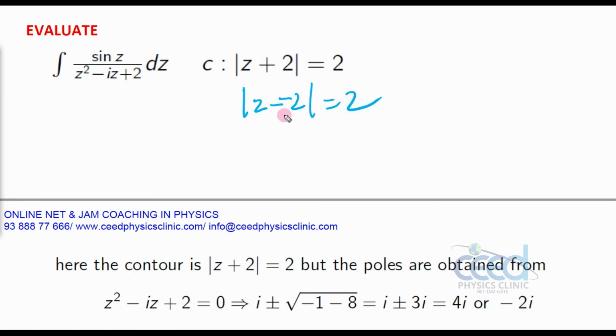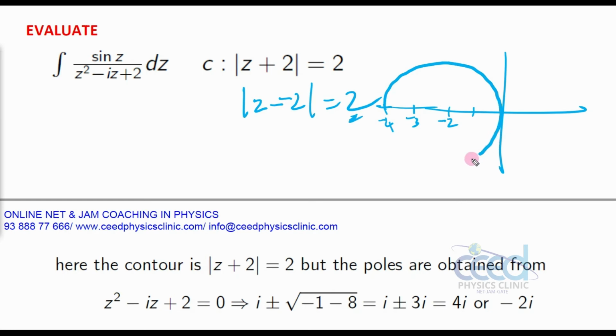So the center is at minus 2 on the real axis. So I can write this minus 2 here. Okay, so this is minus 2. So I can draw a circle with radius 2. If I am drawing this as the center, the radius 2, so this is minus 3 and here it is minus 4. So if I am drawing a circle like this, okay, so this is the contour.